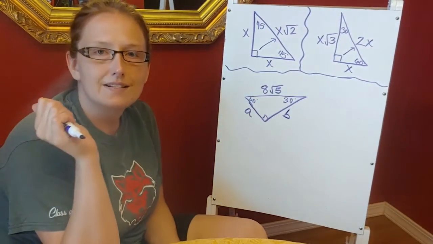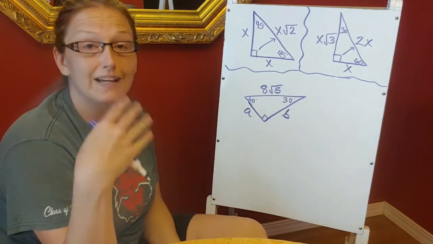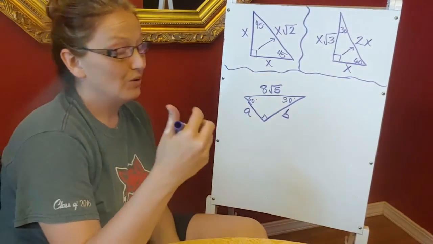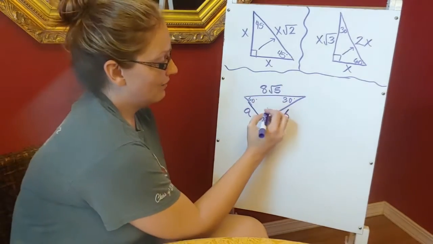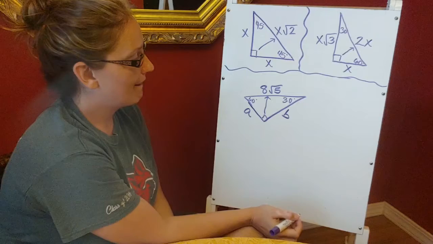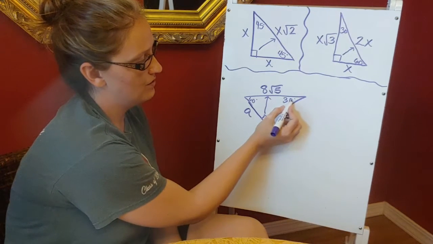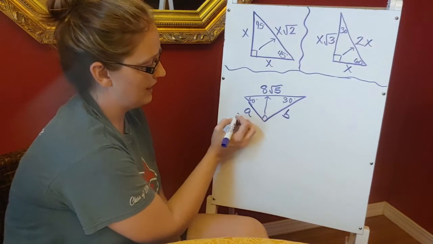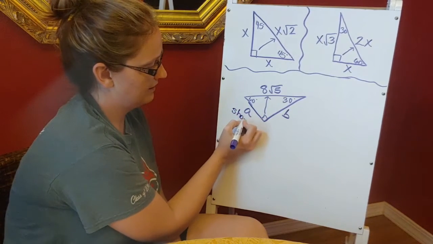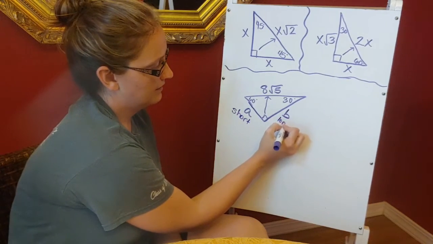Okay, on this last example, don't let the orientation of the triangle throw you off. Still pay attention to where your angles are, where your right angle is. My right angle is right here, so I know across from it is my hypotenuse. My short leg is across from my 30-degree angle, so here's my 30 degrees. So A is my short leg, which means B is my long leg.